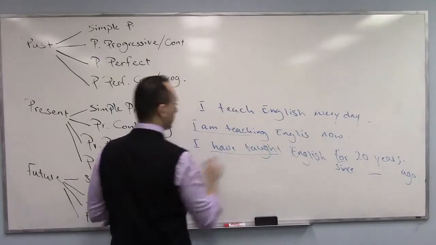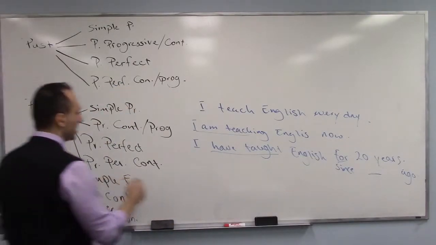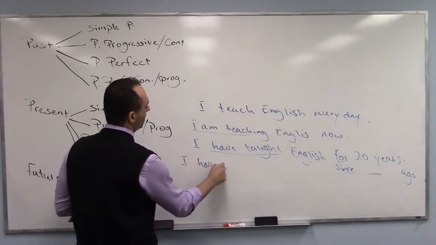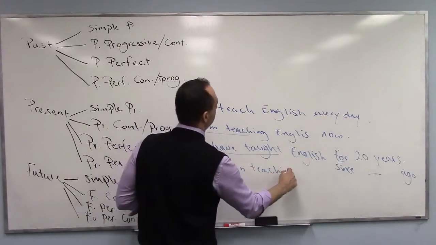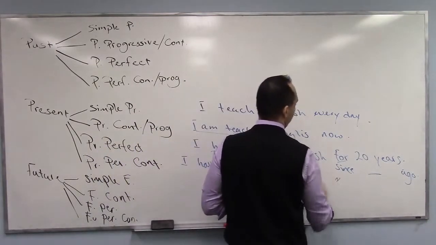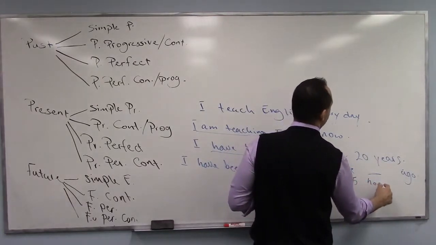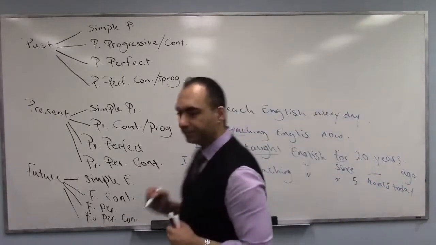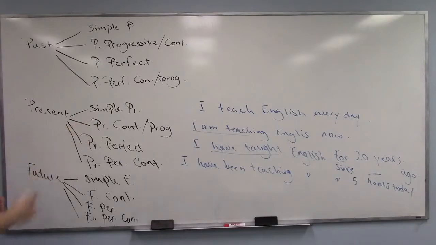I have taught English for 20 years or since 20 years ago. How about present perfect continuous? I have been teaching English for, I would say, 5 hours today, or also for 20 years. And then we want to look at the differences.